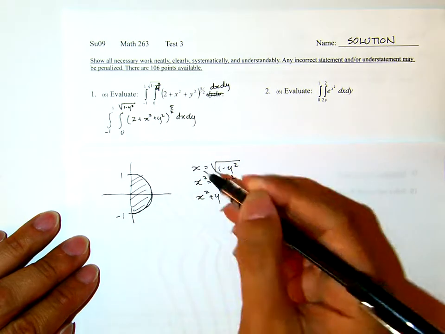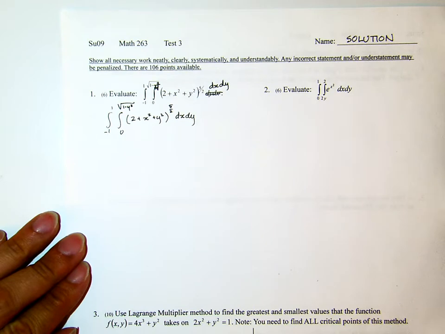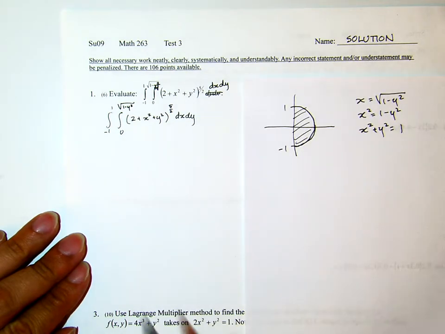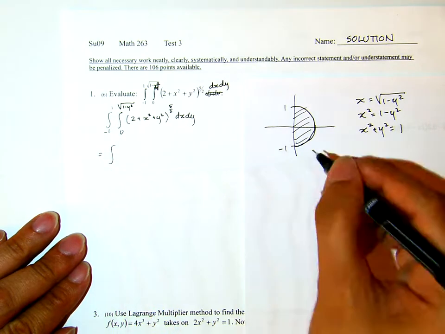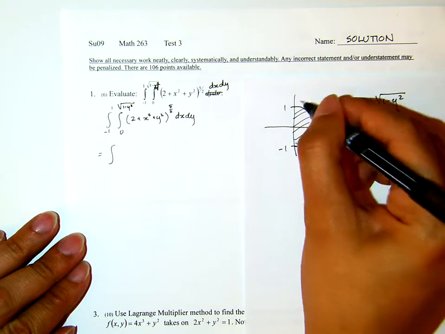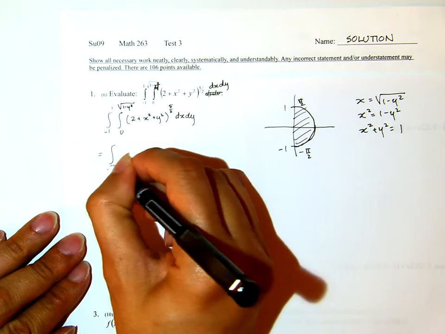Okay, now if we change this to polar, then this will be the integral where the angle is from -pi/2 to pi/2, and the radius is from 0 to 1.